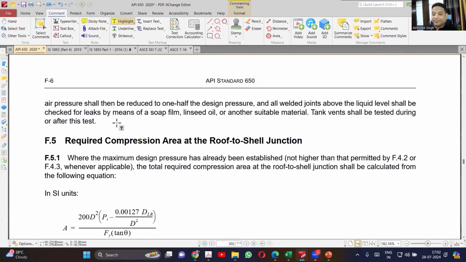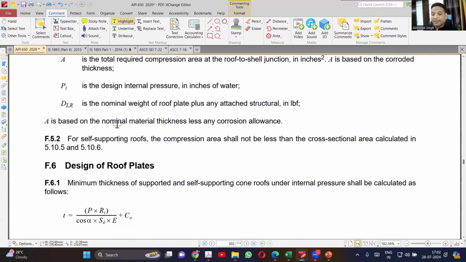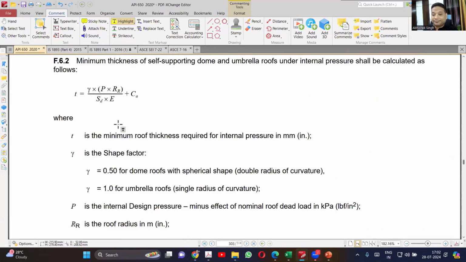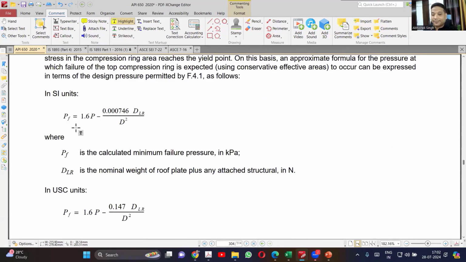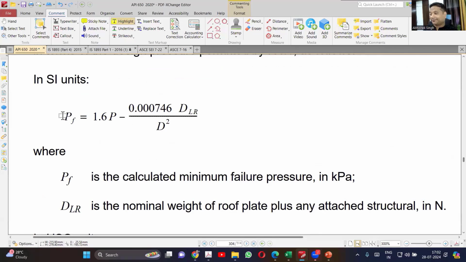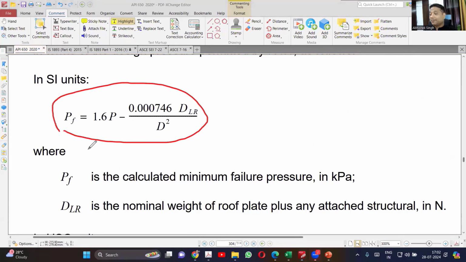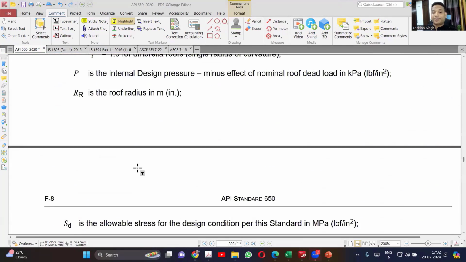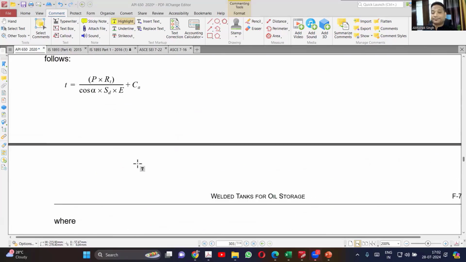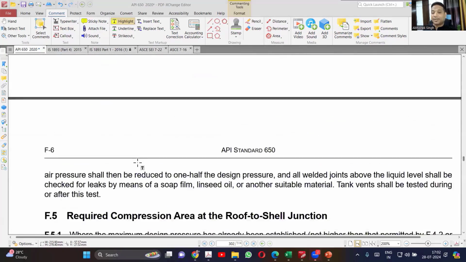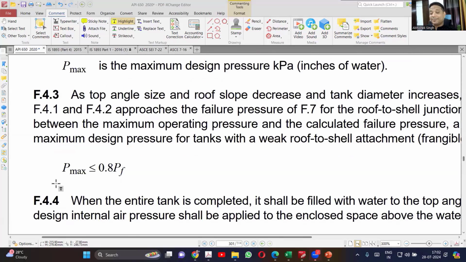What is PF? PF is again one pressure which you'll be calculating, which is called failure pressure. So you'll be calculating the failure pressure for the tank, a pressure at which the tank will fail. Maximum pressure which can be applied, and then you'll make sure that your pressure which you are applying, P max, is at least less than 80% of that.